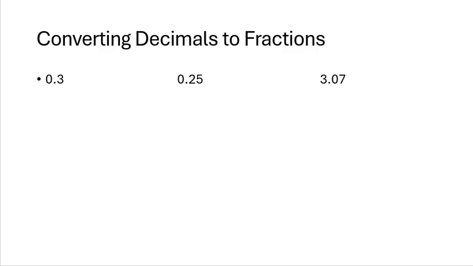Now, to convert decimals to fractions, it's pretty straightforward. You're basically going to ask: how many numbers are after the decimal point? In my case, I've got 1 here, 2 here, and 2 over here.